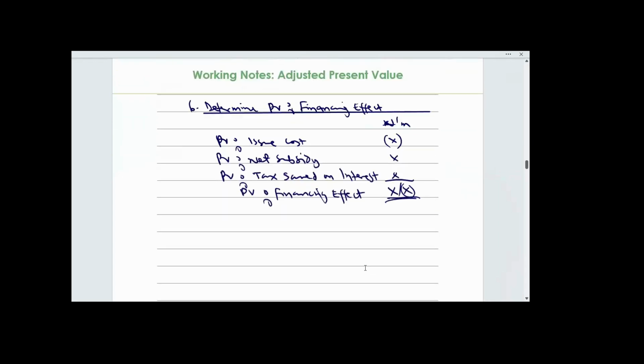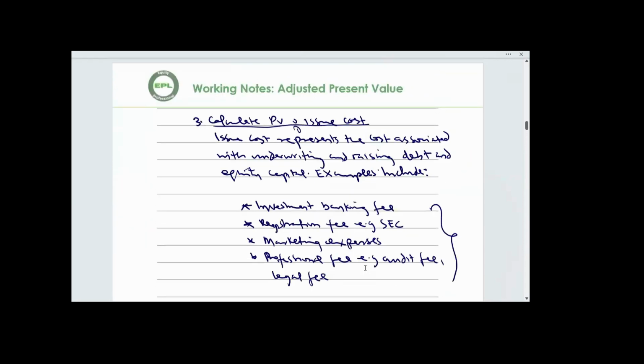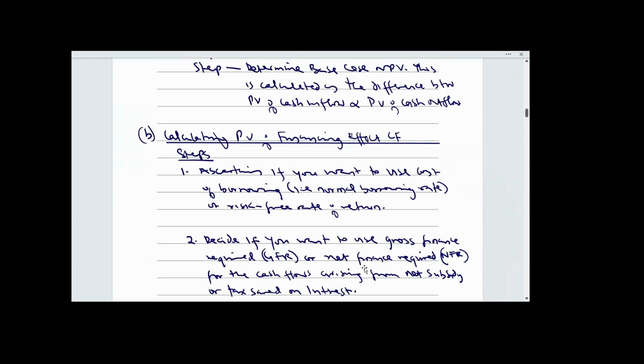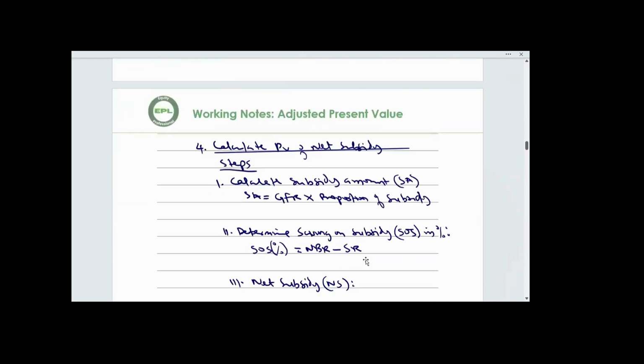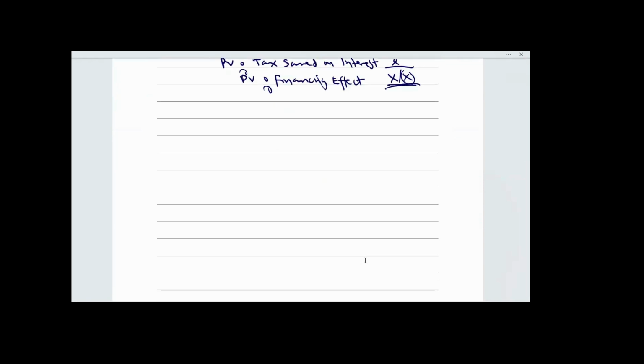Then step C. Step B is to calculate PV of financing effect, so step C is to calculate the APV. To get adjusted present value, you've already done the major work.